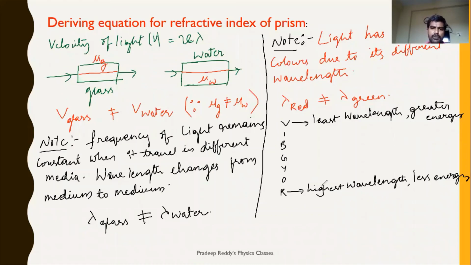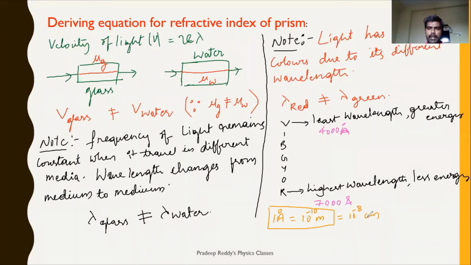Approximately, violet can have a wavelength of 4000 angstrom, and red has nearly 7000 angstrom. And remember that 1 angstrom is equal to 10 power minus 10 meter, and that can be written as 10 power minus 8 centimeter.